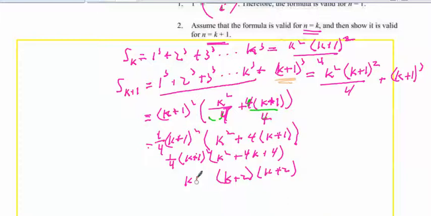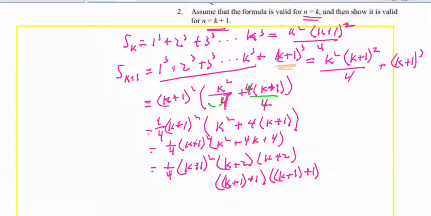Then we have our (k plus 2) squared times (k plus 1) squared. And (k plus 2) times (k plus 2) could be written as (k plus 1 plus 1) times (k plus 1 plus 1).